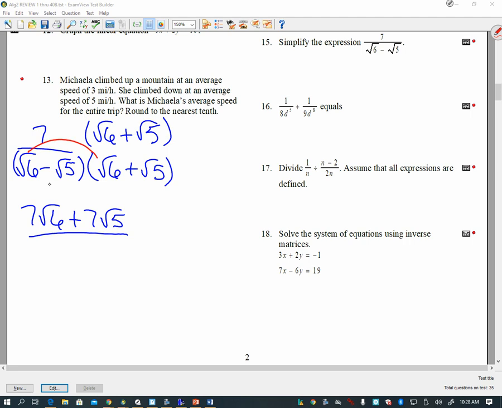So radical 6 times radical 6 is 6, and then negative radical 5 times positive radical 5 is negative 5. So what's 6 minus 5? And anything divided by 1 is itself. So I'm left with 7 radical 6 plus 7 radical 5 as my final answer.